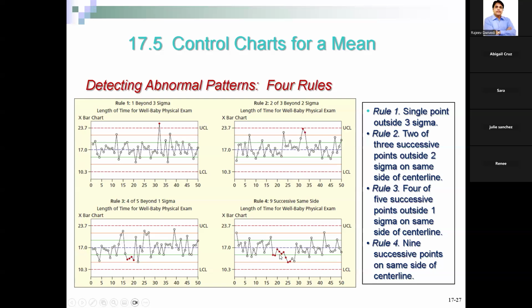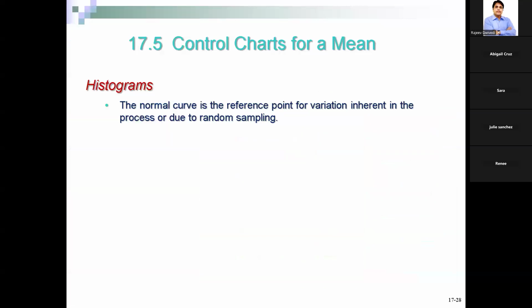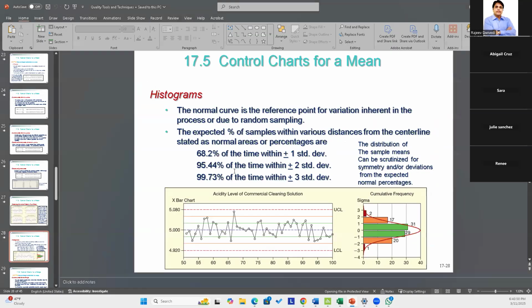It doesn't matter whether in 1 sigma, 2 sigma, or 3 sigma, but if 8 or 9 points are coming on one side, then you can understand this is out of control. So these are a few rules that we need to observe based on the pattern.